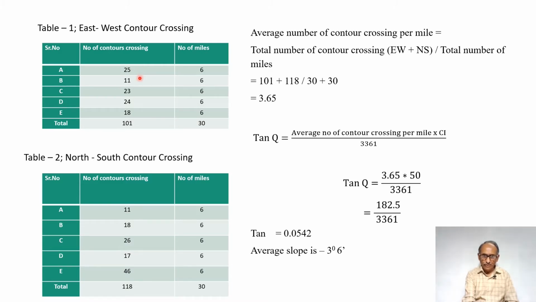Now here the number of crossings of the contours will change. Now these are the crossings along the second line, which is running in the east-west direction. So after calculation of all these contour lines which are running in the east-west direction, then in table 2 we have a similar calculation for the lines which are moving from north to south.